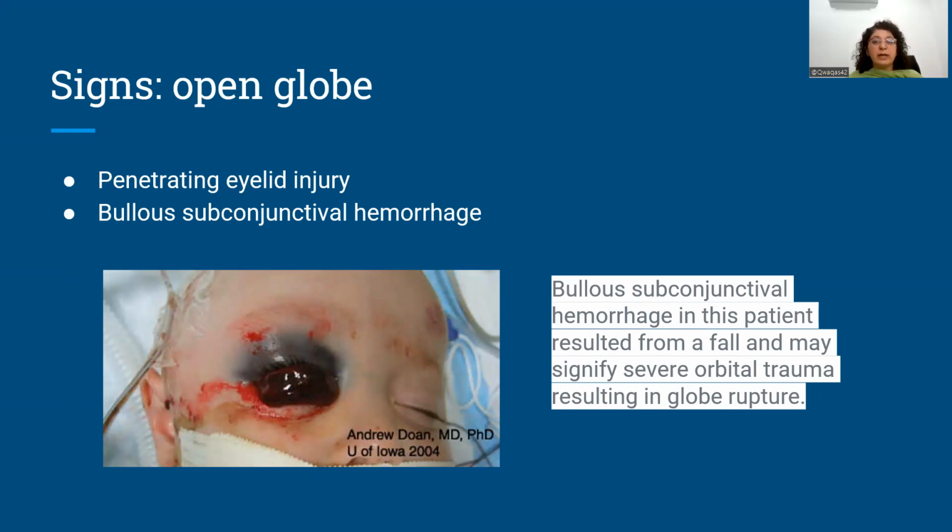In the case below, you can see that this child has a bullous subconjunctival hemorrhage, which resulted after a fall. And in this particular case, it may signify a very severe orbital trauma, which may or may not be associated. In this particular case, unfortunately, it was with severe globe rupture.